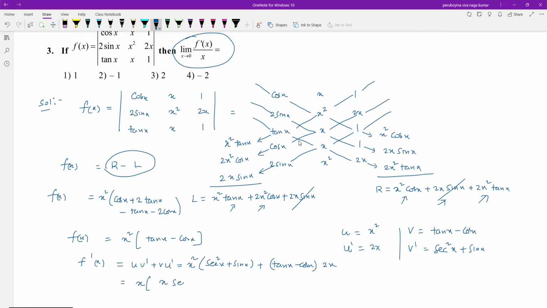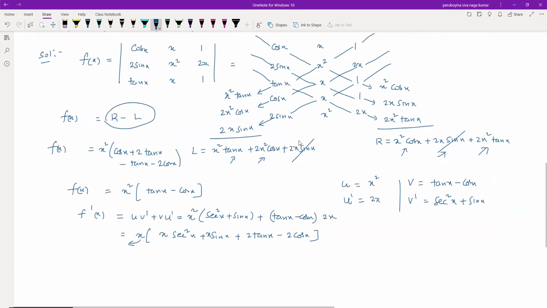So x into secant square x plus sin x, x sin x, plus 2 tan x, x was taken, minus 2 cos x. This x was moved to the left side. So now it is f dash x by x equal to x secant square x plus x sin x plus 2 tan x minus 2 cos x.